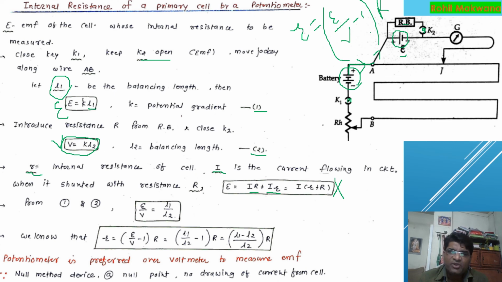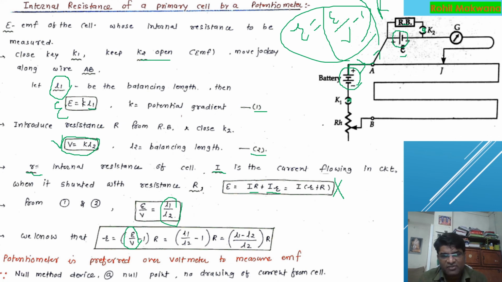Just to find out the internal resistance, take the ratio of 1 by 2. Then what we have here is E by V, that is L1 by L2. Now put this value of E by V in this equation. We know that internal resistance r is equal to (E by V minus 1) into capital R. So instead of E by V, put L1 by L2, where L1 and L2 are known values.